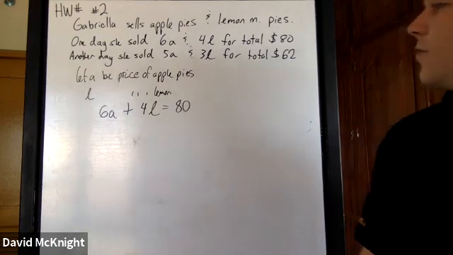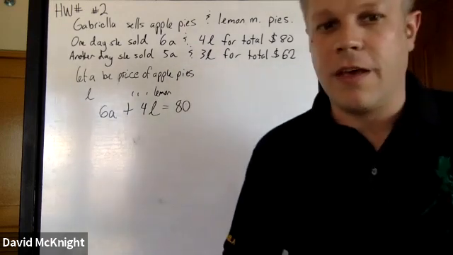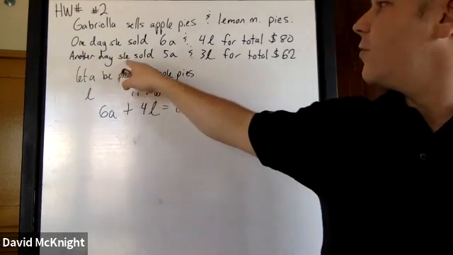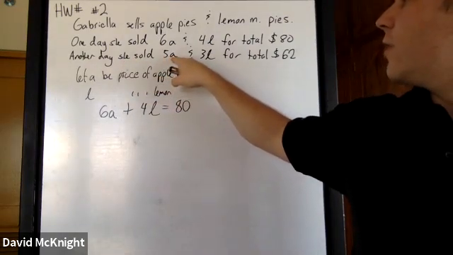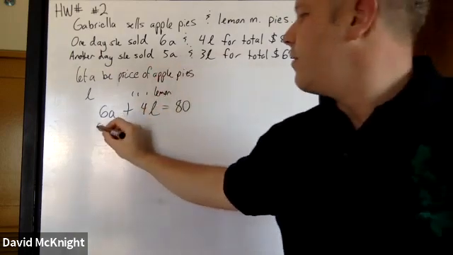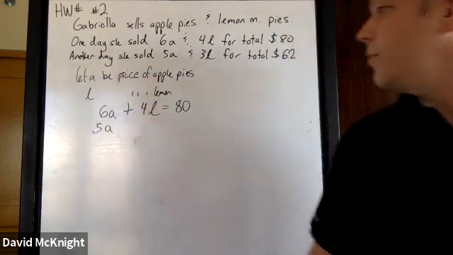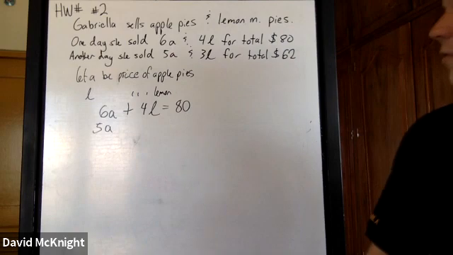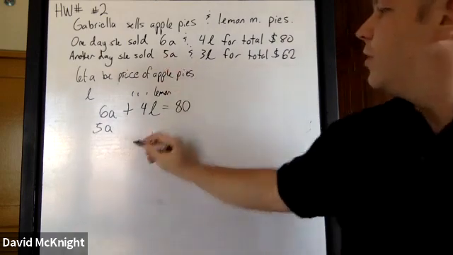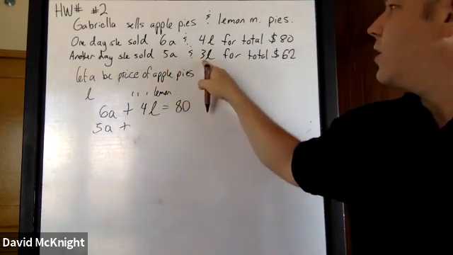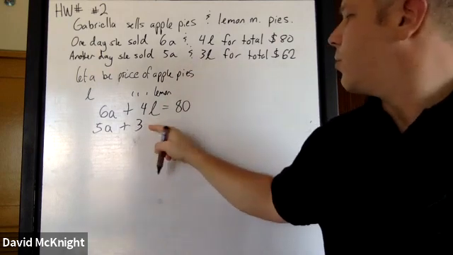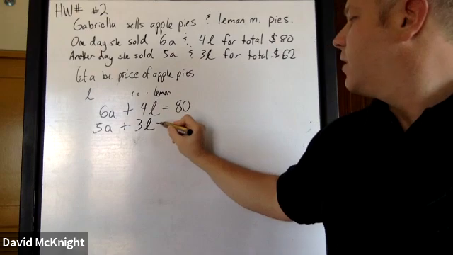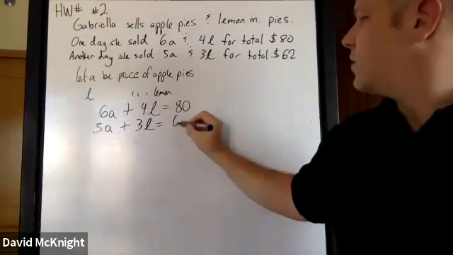So that's one of the scenarios. The other scenario, on a different day, she sells 5 apple pies. So whatever the price is, we multiply by 5 because each pie has a price, plus 3L, so 3 lemon pies, gives us a total on that day of 62.